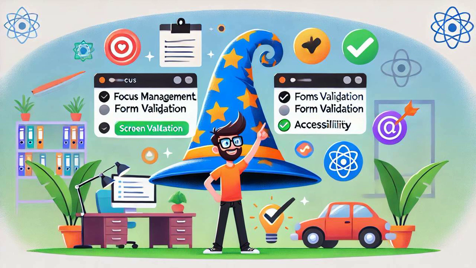Focus management. Why it's non-negotiable. In a multi-step process like a wizard, focus management isn't just a nice to have, it's critical for accessibility. Imagine navigating the wizard with a keyboard or screen reader. Without proper focus handling, users might lose their place when moving between steps, leading to frustration.